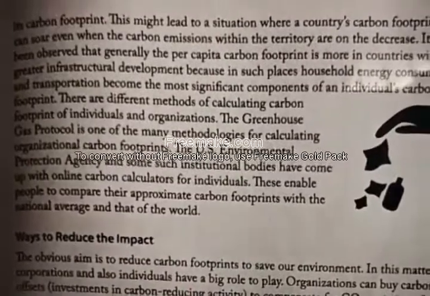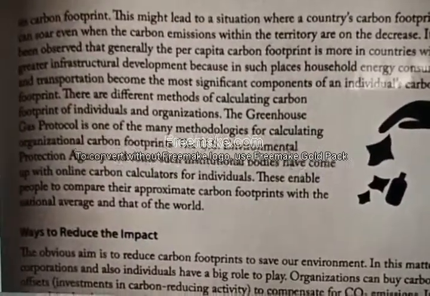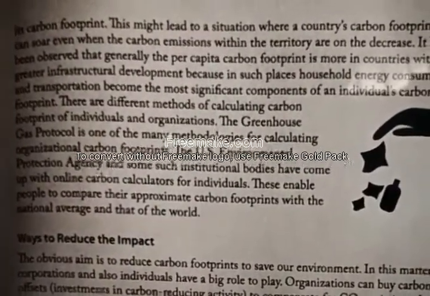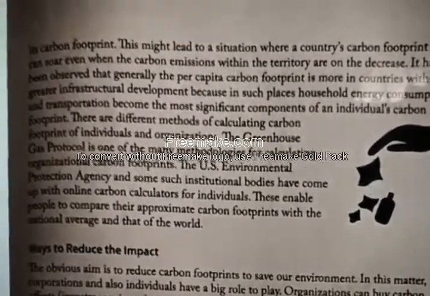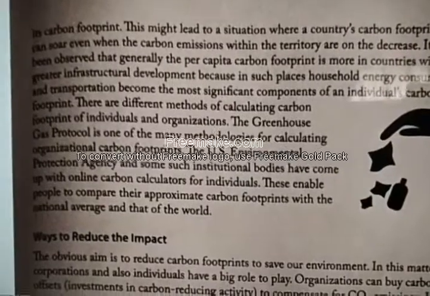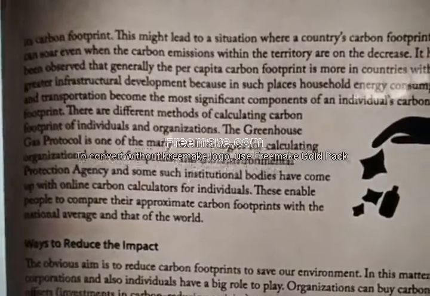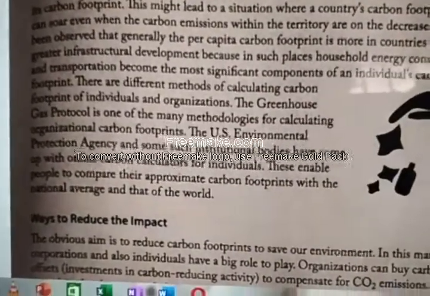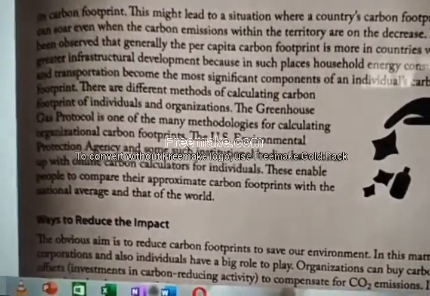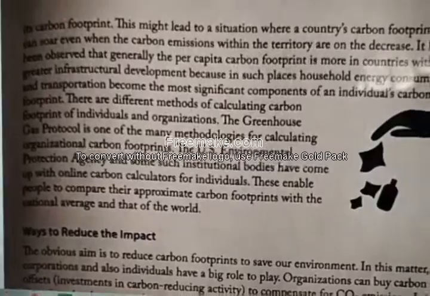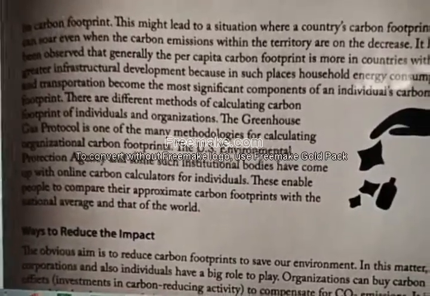For finding the carbon footprint, meaning the amount of carbon dioxide released, what protocol have they used? Protocol means a set of rules. What rules are they following? They are following the greenhouse gas rule. The greenhouse gas protocol calculates how much carbon dioxide an individual and an organization release to the environment.